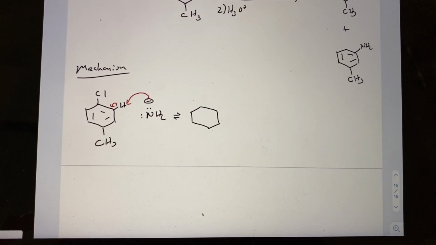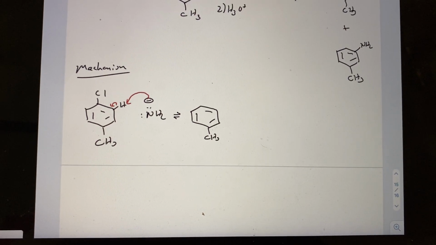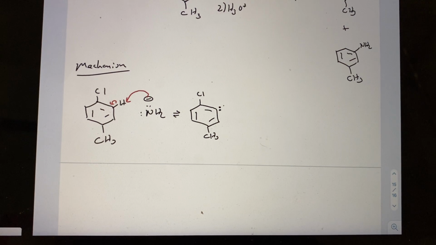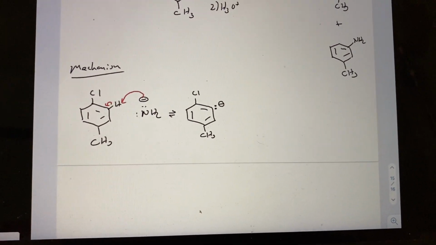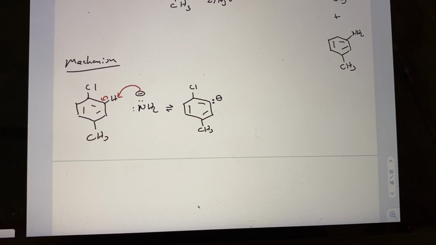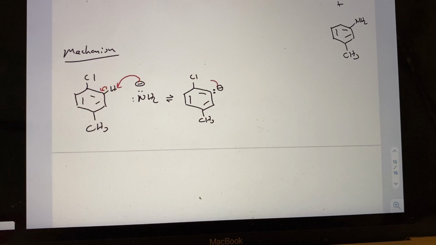So this seems quite unfavorable, and it is. And notice we've taken that proton off of the benzene ring, so we haven't destroyed the aromaticity yet, but we have a lone pair of electrons here, the negative charge. Now this is an unusual intermediate, but there's evidence that supports this. With this leaving group, we're actually going to kick out chloride.